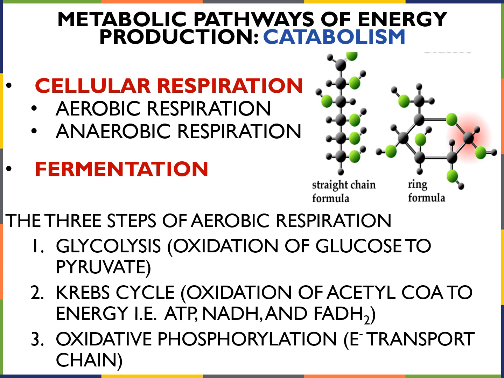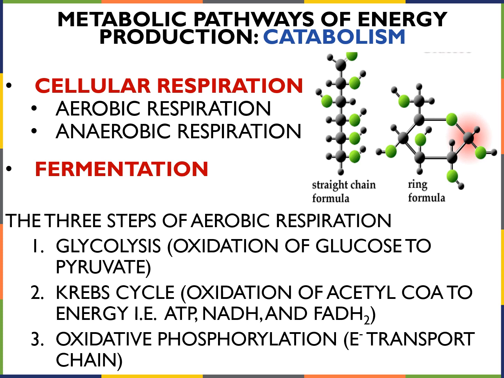The third main phase is where oxidative phosphorylation occurs in the electron transport chain. This is where all of those molecules of NADH and FADH2 are made, and they are shipped off to the electron transport chain where then they are converted into ATP.